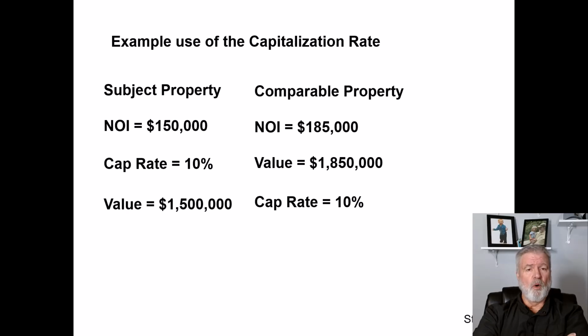If they provide you the income in the question, you're always going to do what? Divide. If they're asking you what the income is, because they don't provide the income, then you're going to have to multiply. Just that simple. So, that's your capitalization approach to value.